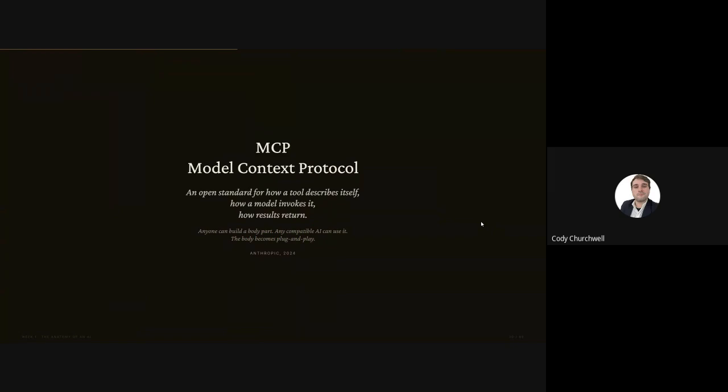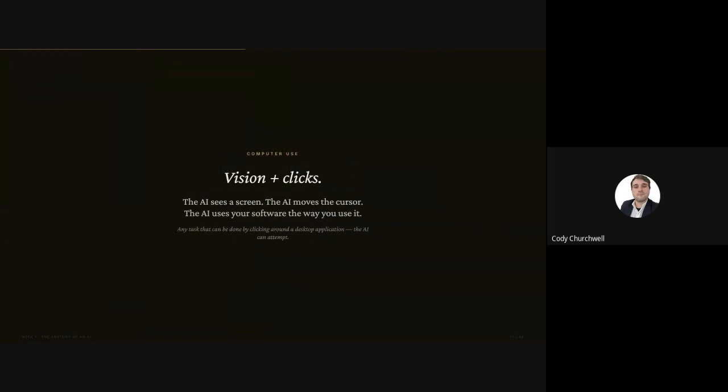And then in late 2024, Anthropic released computer use. This is wild. The AI sees a screenshot of your desktop. The AI moves the cursor, clicks, types, vision plus motor control.